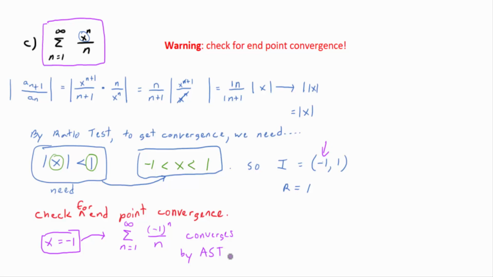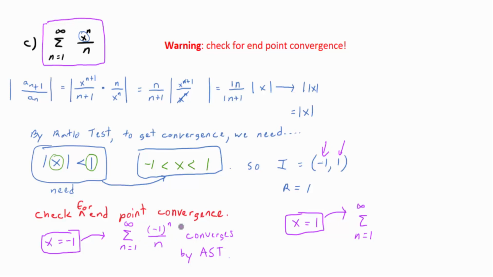Then what's the other endpoint we need to check? x equals 1. Okay, ask yourself, what does the series become when x equals 1? It just becomes what's called the harmonic series.